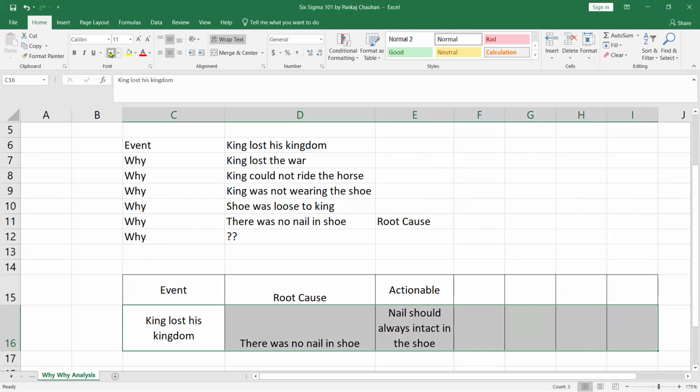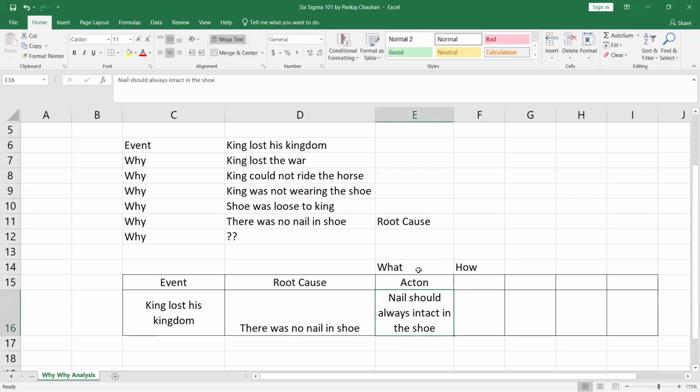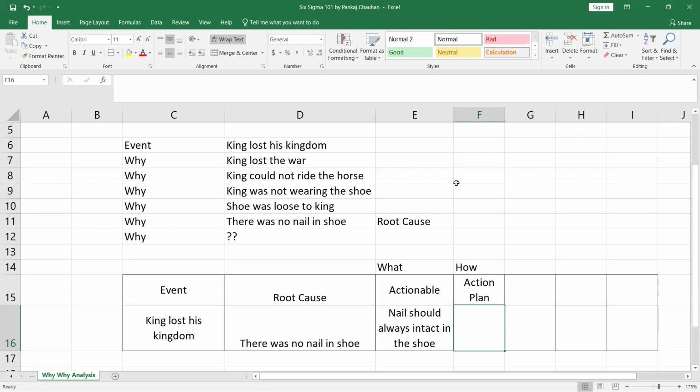Actionable is what. Now, how? How means action plan. So how do we develop an action plan?